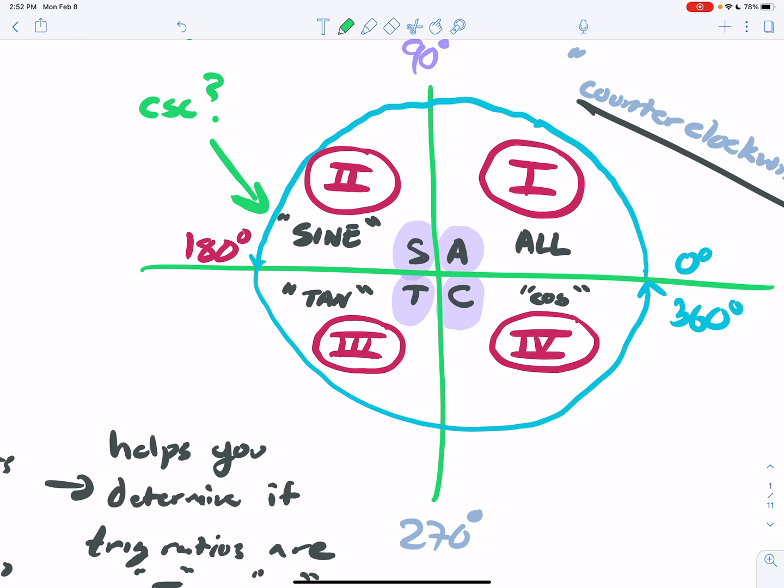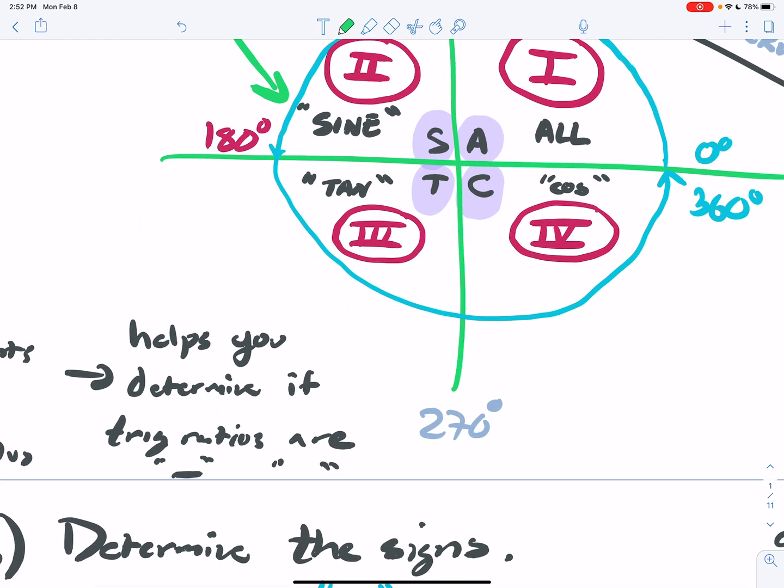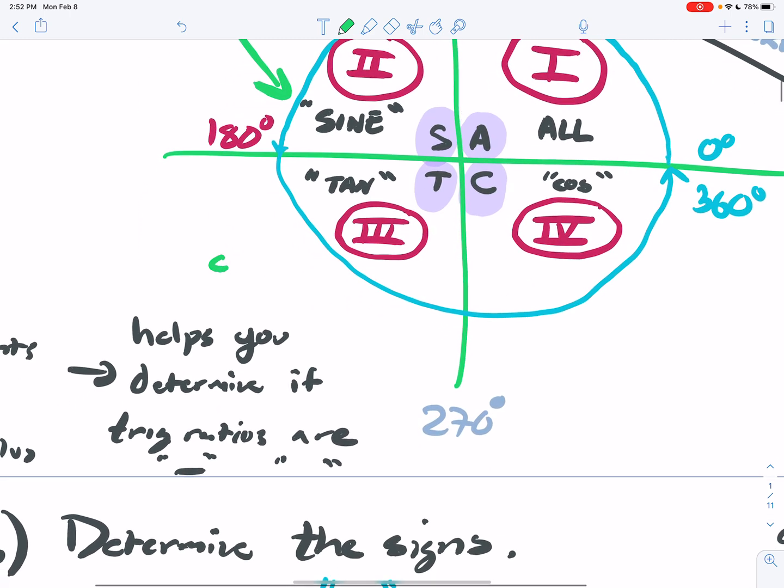Since cosecant is the reciprocal of sine, then cosecant will behave just like sine because the signs don't change, S-I-G-N, okay? So if sine comes out positive here, cosecant will come out positive as well, okay? And in the third quadrant, where only tangent is positive, its reciprocal cotangent will also be positive here.